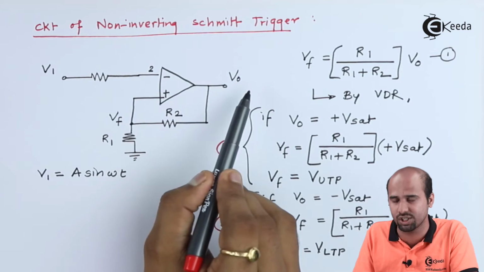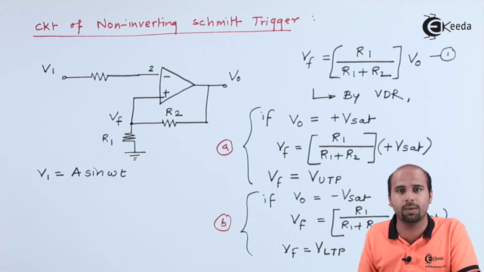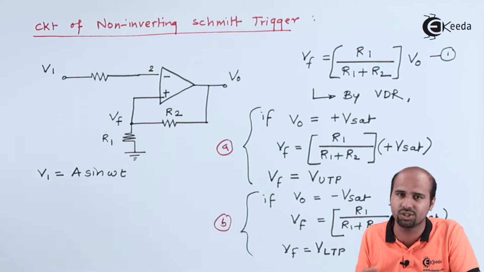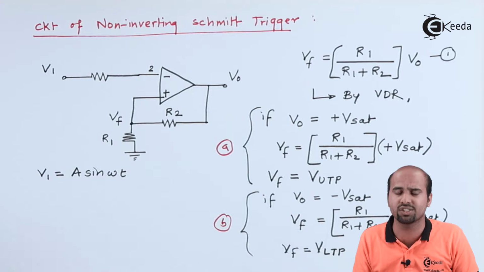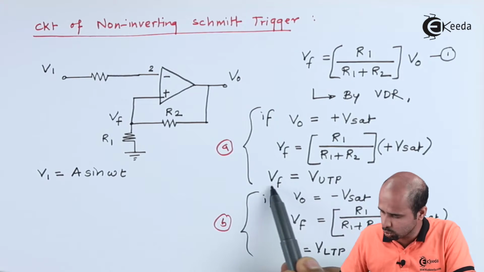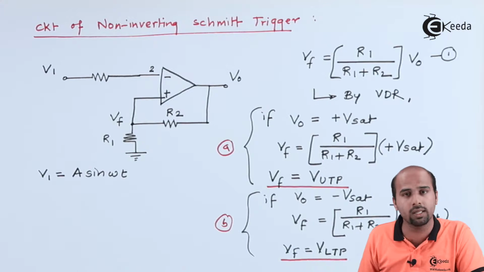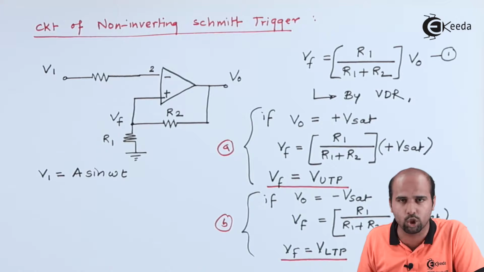If VO is changing, automatically Vf will change, right? And again, the comparison result will change, and that will change the value of VO. So this gives the continuous change in your output voltage depending on these two triggering points, one is VUTP and another is VLTP. We will see this operation very shortly.